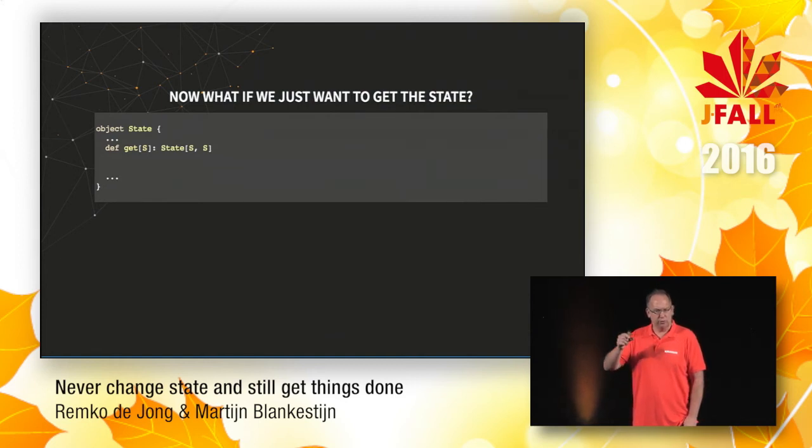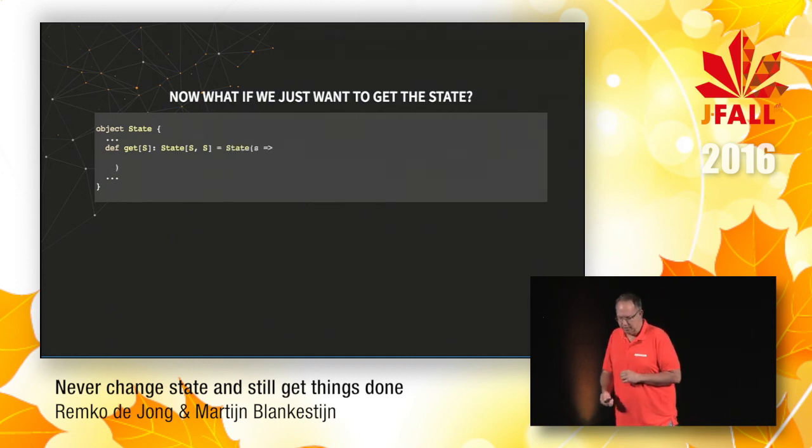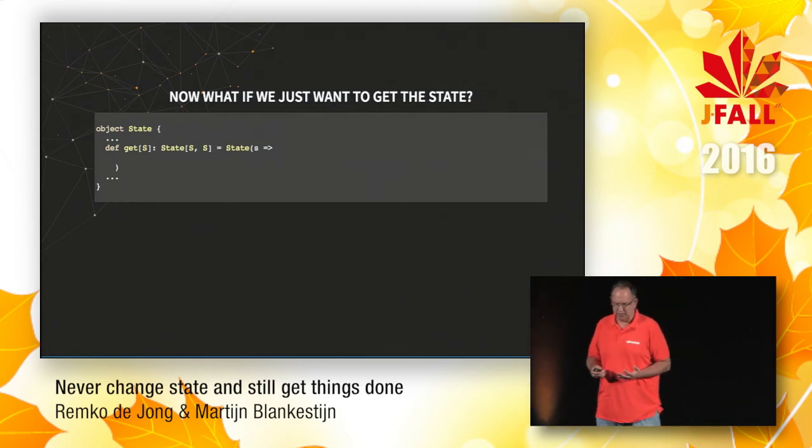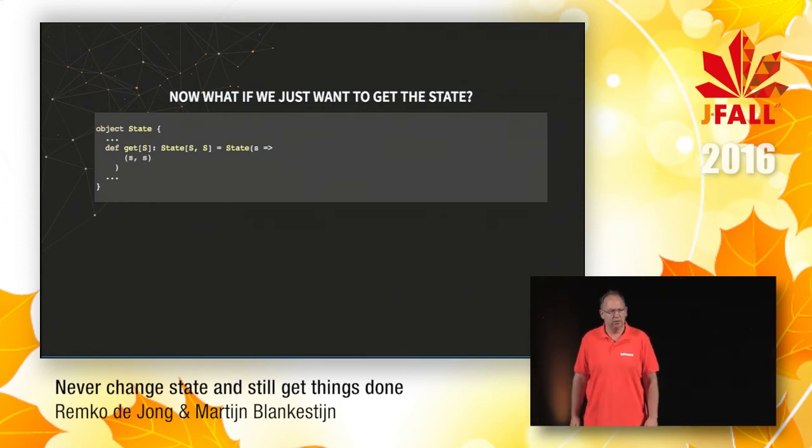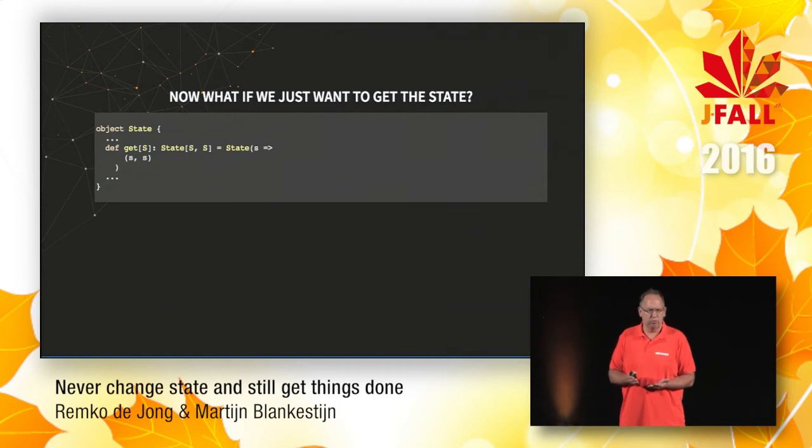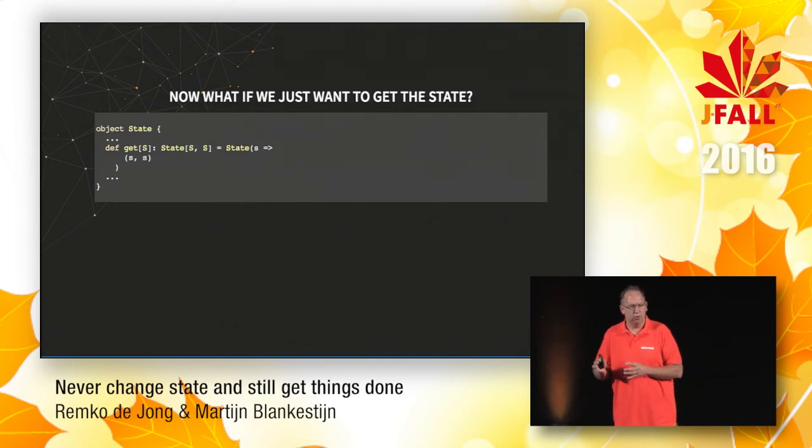Only that function will return both types of the state that are equal. So we're getting a state that wraps a function that takes a state, and we are returning basically a tuple of both. That way, if you want to do something with that state in your for comprehension, this is the way to get it out.